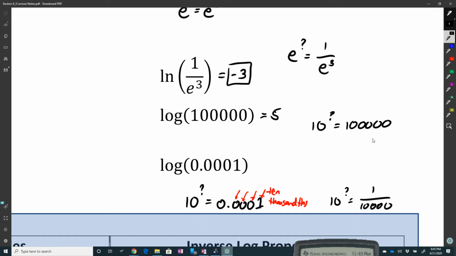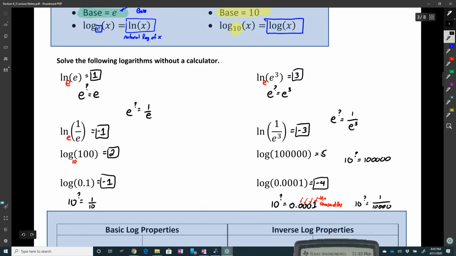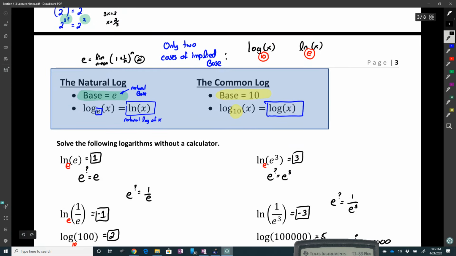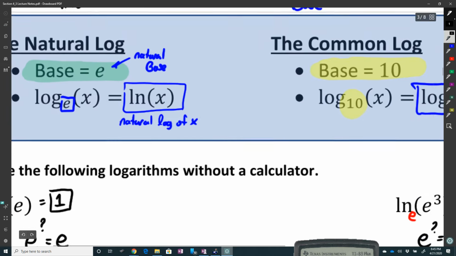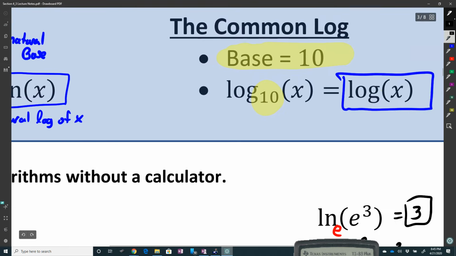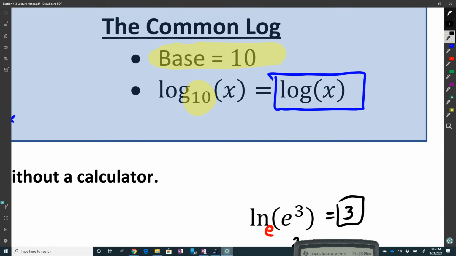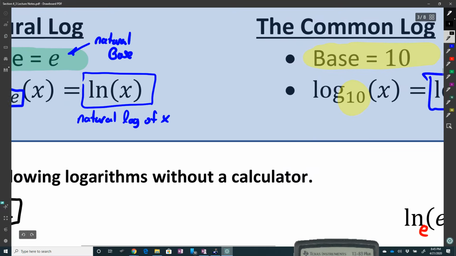Notice that has 4 zeros, so the answer here is negative 4. Right? But anyway, in math, whenever you see a ln of x, the base is e. Whenever you see just a log of x, the base is 10. Any other time, they have to tell you what the base is. These are the only two implied bases.